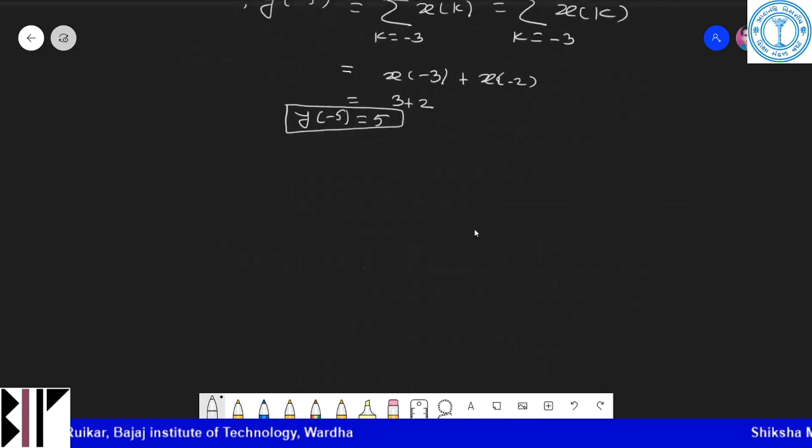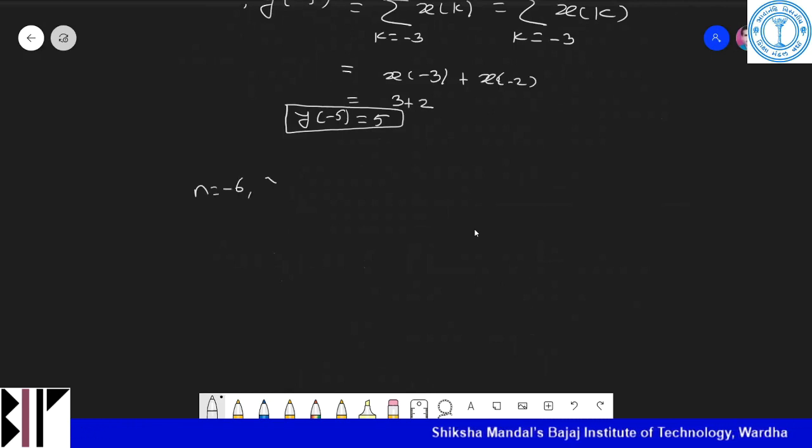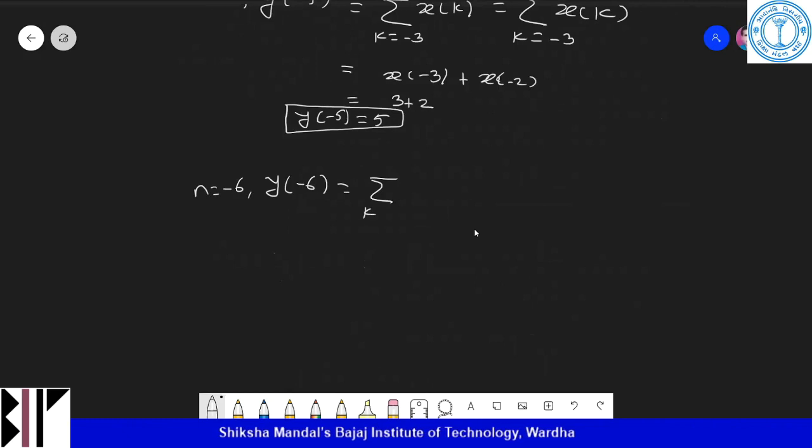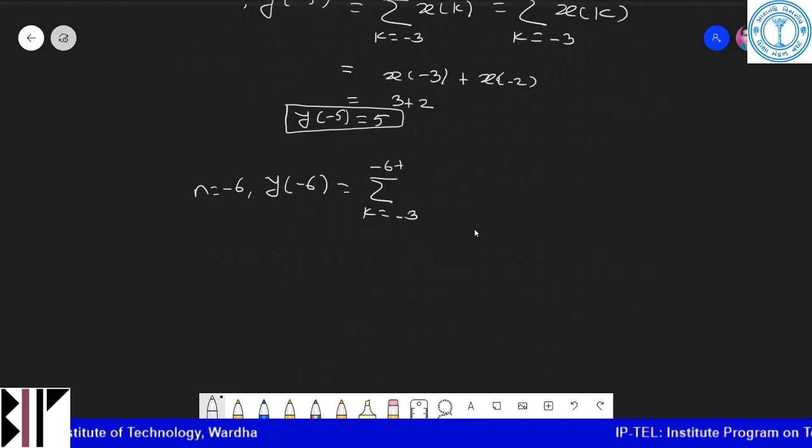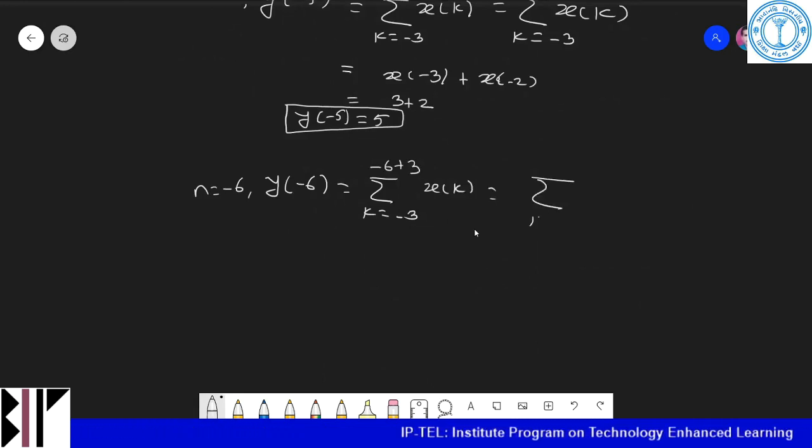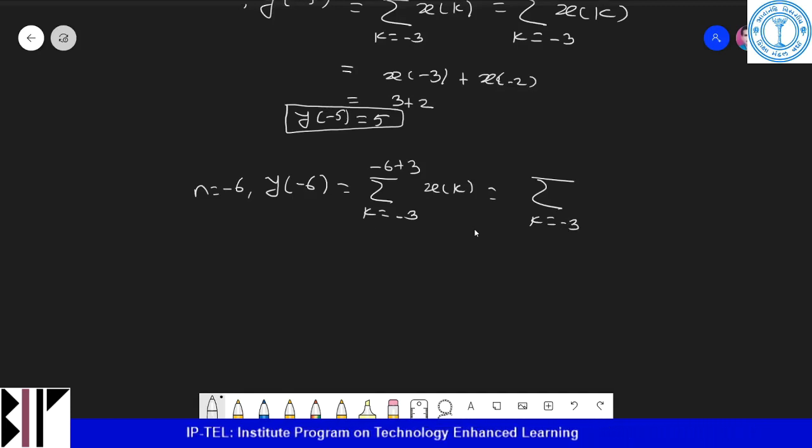Let us go up again. Next we have to calculate n equals minus 6. So we'll get y of minus 6, which is nothing but summation k goes from minus 3 to minus 6 plus 3 of x of k, which is summation k from minus 3 to minus 3 of x of k.